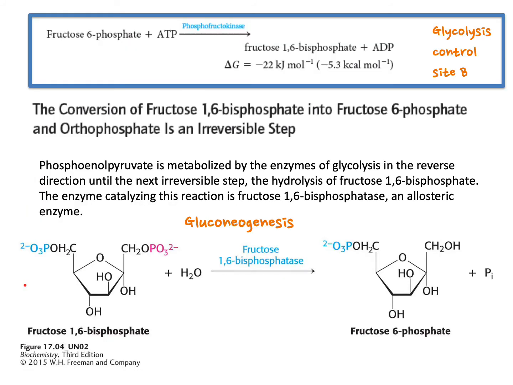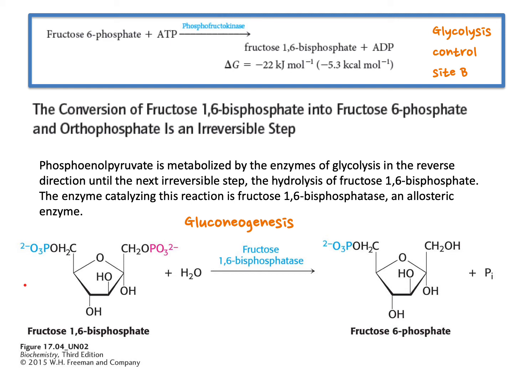Let's look at the glycolysis control site B. In that site, fructose 6-phosphate is irreversibly changed to fructose 1,6-bisphosphate. It is an irreversible reaction, but it has to be coupled with ATP.